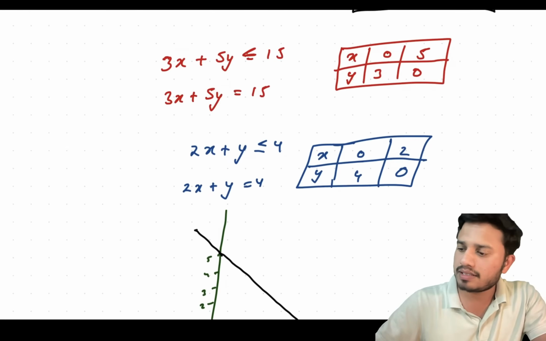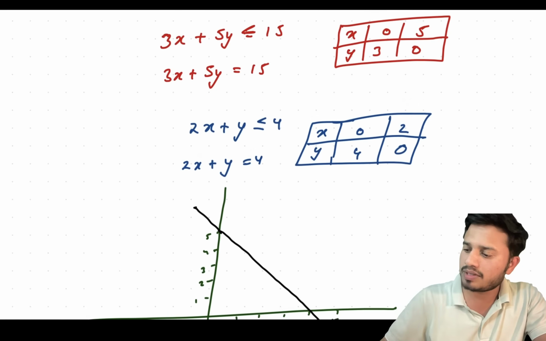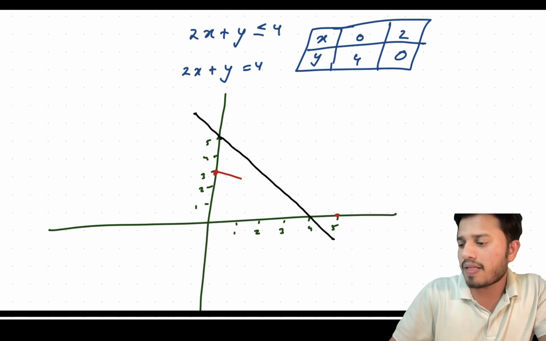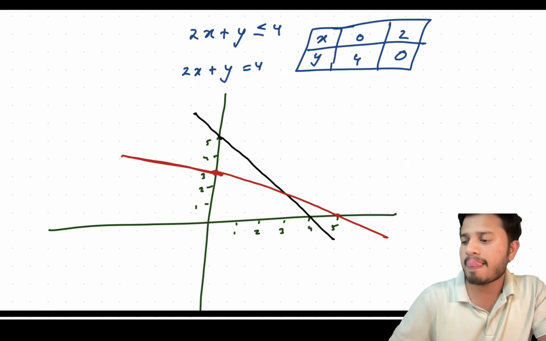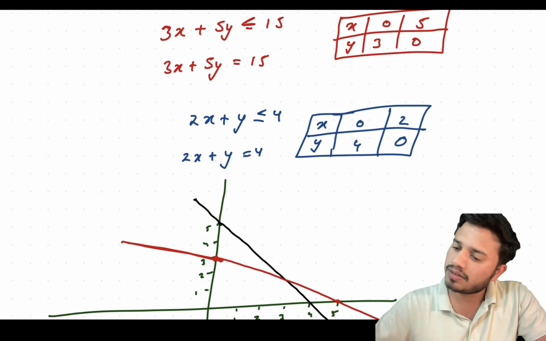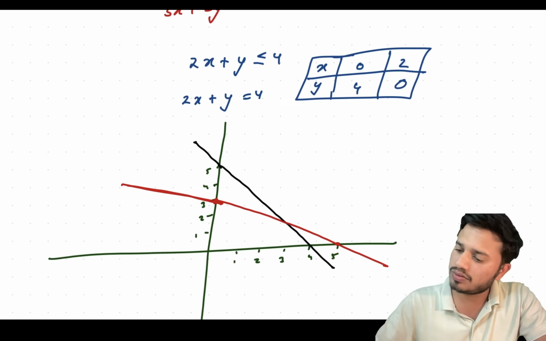Second line is 5 comma 0 to 0 comma 3. The third line is 0 comma 4, 2 comma 0.